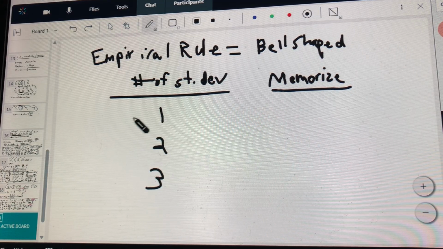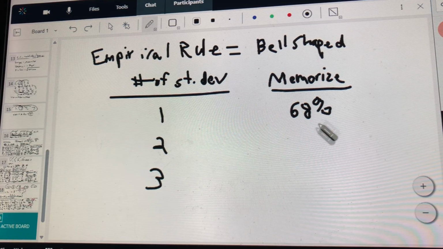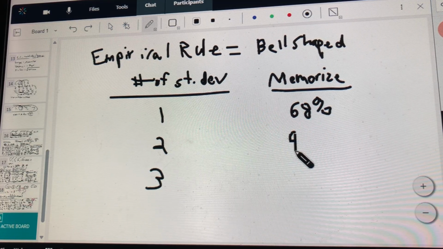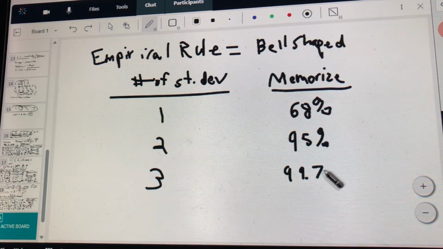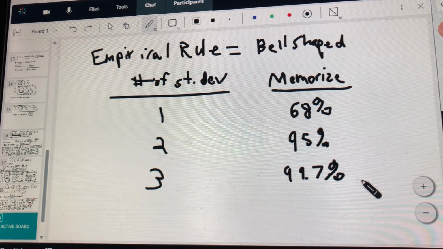If you're within 1 standard deviation, 68% of the time you'll see observations in that range. If you're within 2 standard deviations, it's 95%. And if you're within 3, it's 99.7. Most books call this the empirical rule. Some books call this the 68, 95, 99.7 rule, because those are the numbers you're supposed to memorize.